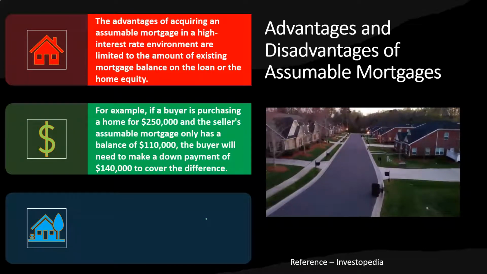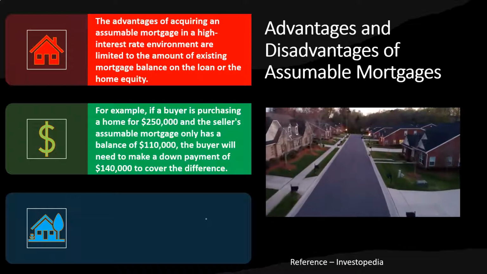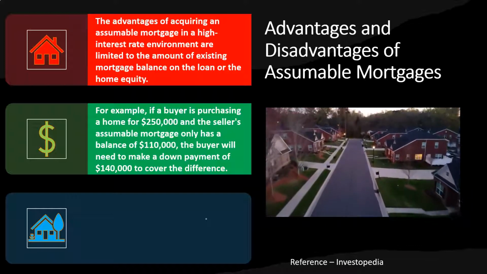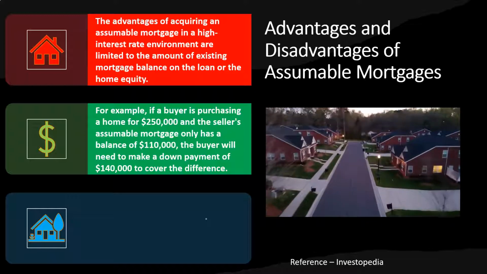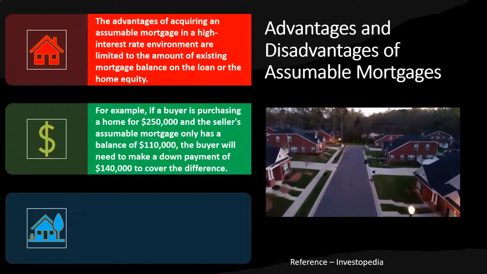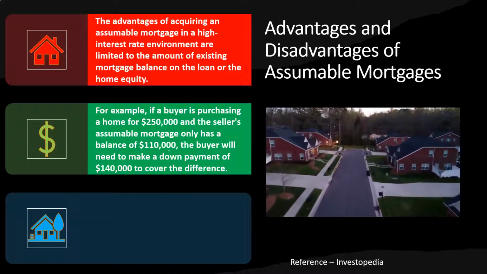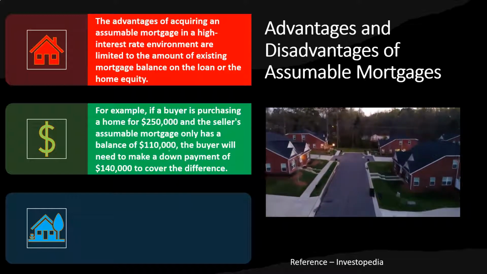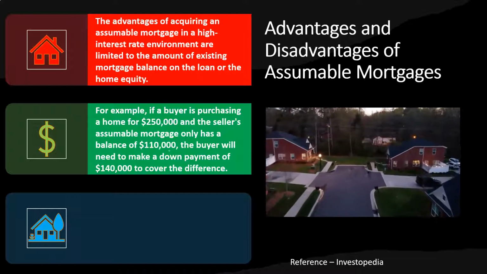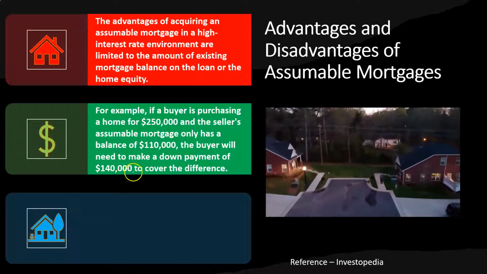So for example, if a buyer is purchasing a home for $250,000, that's the value of the property, that's the agreed upon sales price, and the seller's assumable mortgage only has a balance of $110,000. In other words, the seller has an equity difference of $250,000 minus the $110,000 at the point in time that they're selling, that difference then being $140,000.